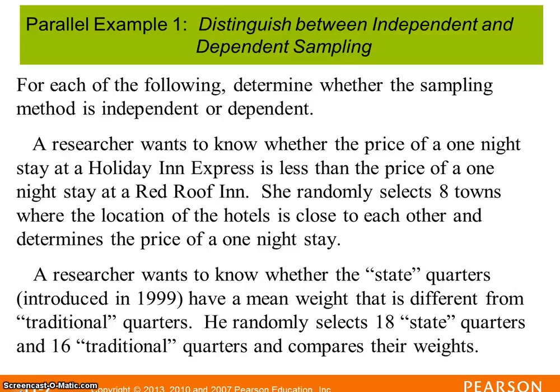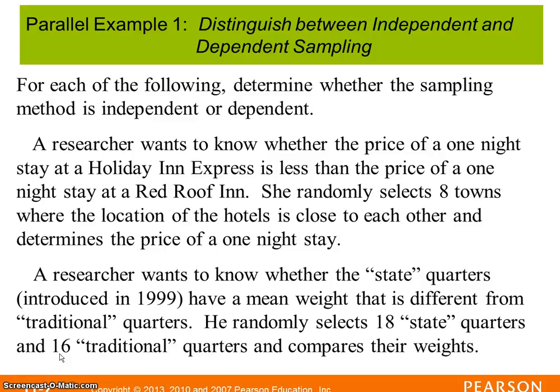Usually in dependent samples you might have the same number of samples, although it doesn't always have to be the case. And for independent samples, you may have a different number of samples, like in this case you've got 18 in one case and 16 in the other, although that's not necessarily set in stone.